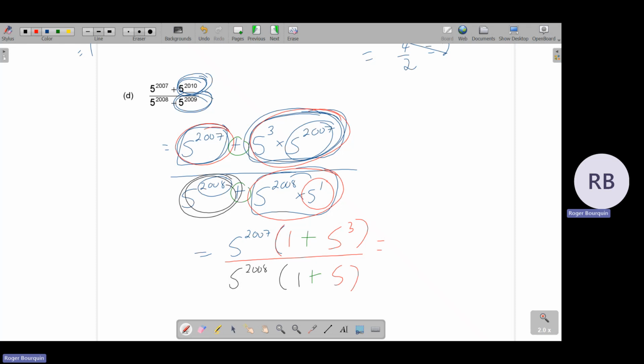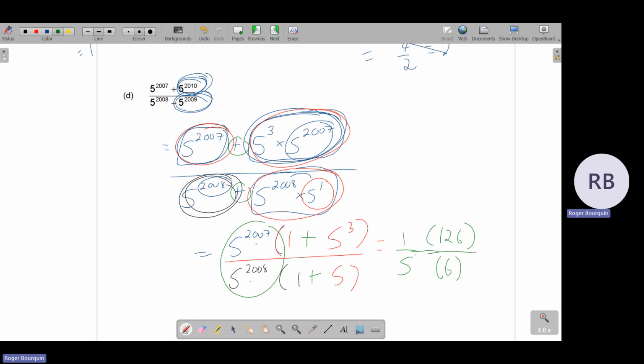So 5 to the 2007 over 5 to the 2008 leaves you with one more power of 5 at the bottom. So that becomes 1 over 5 to the 1. In the brackets, I'm left with 1 plus 5 cubed, which is 126, over 6.